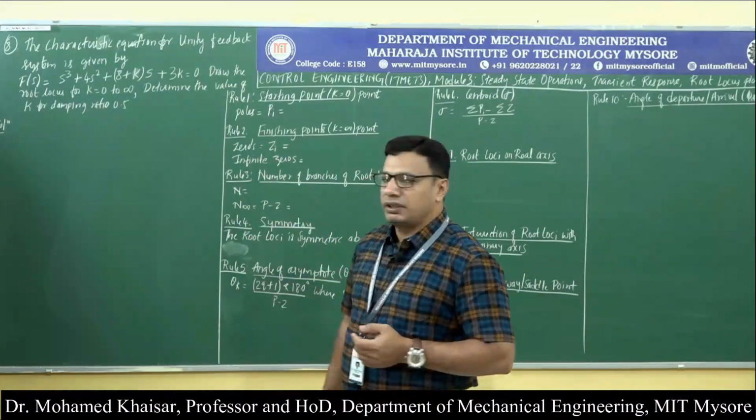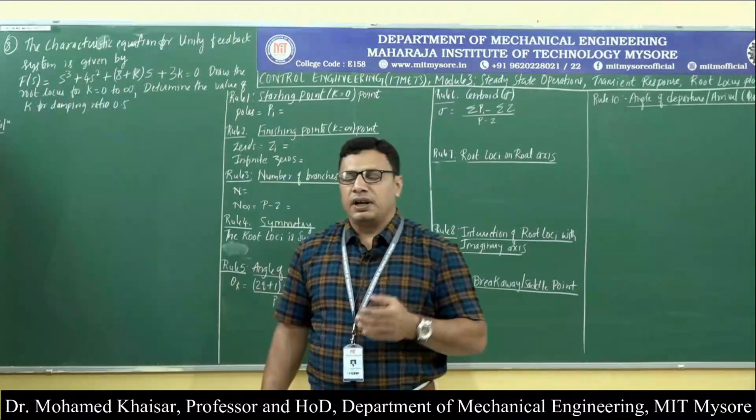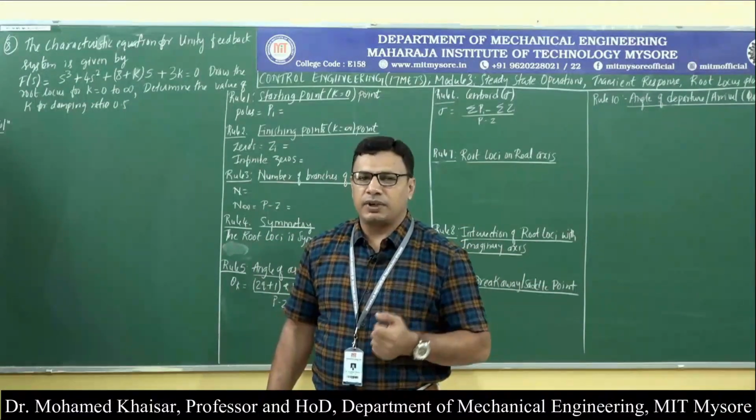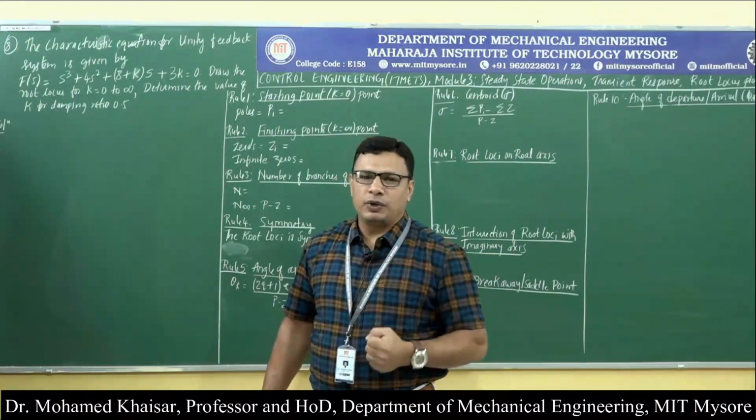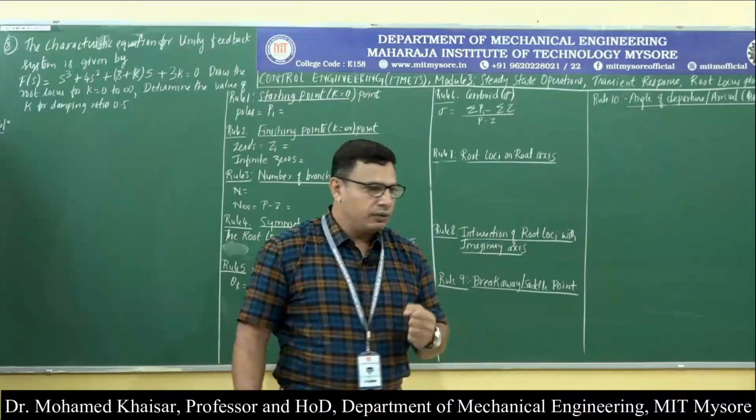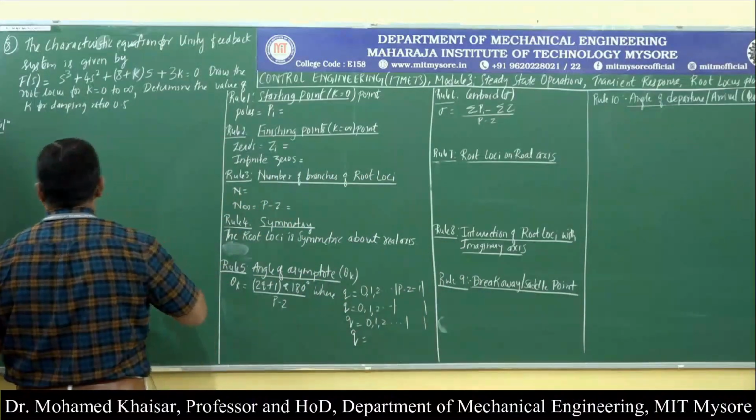We know that the characteristic equation for any closed loop feedback system is given by 1 plus G(s)H(s) equal to 0. From that we have to derive the open loop transfer function, that is G(s)H(s).